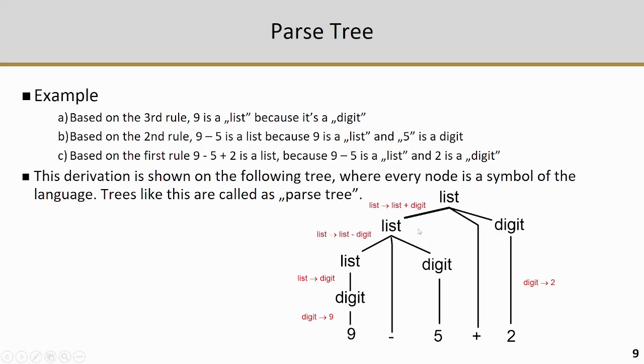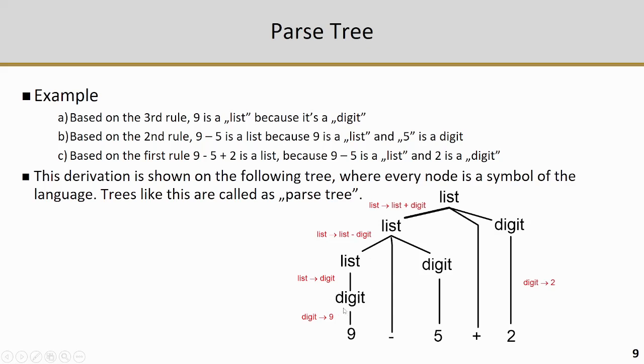And for each intermediate node, if we read its children from left to right, we should get a sequence of symbols on the right hand side of a rule, which can be applied to the non-terminal. So for example, if we have children like list, minus, and digit for non-terminal list, it means that there could be a rule in the grammar like list to list minus digit.